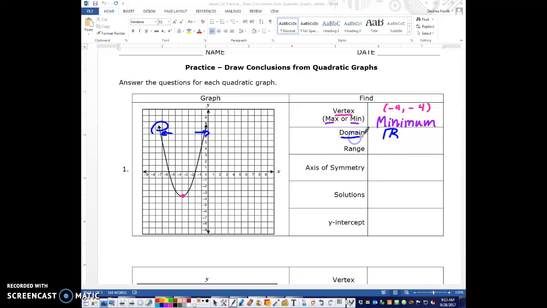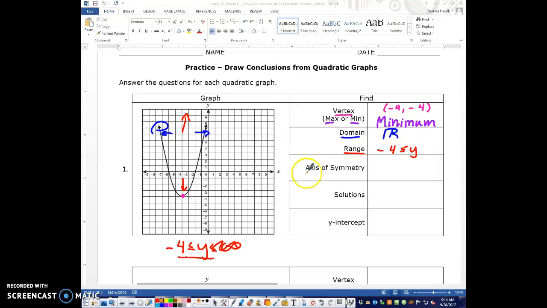Now let's look at the range. Remember, range is how far down and how far up does it go? How far down does it go? To negative 4. And then how high up? Infinity. We can mark that part off. This is your range. So negative 4 is less than or equal to y. That is your range.